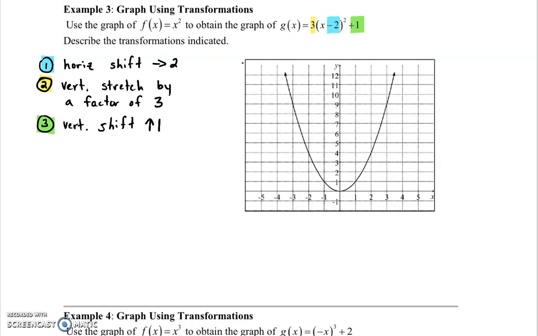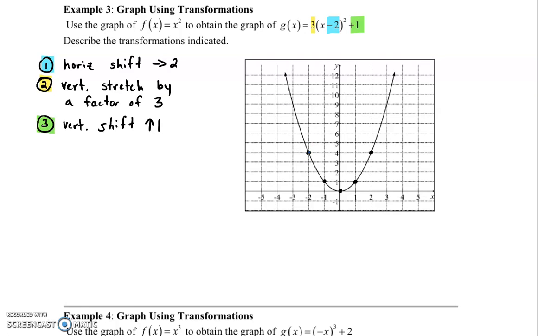Okay, so since we're using x squared as our parent function, we'll use the points (-2, 4), (-1, 1), (0, 0), (1, 1), and (2, 4). And we'll just follow the transformations.